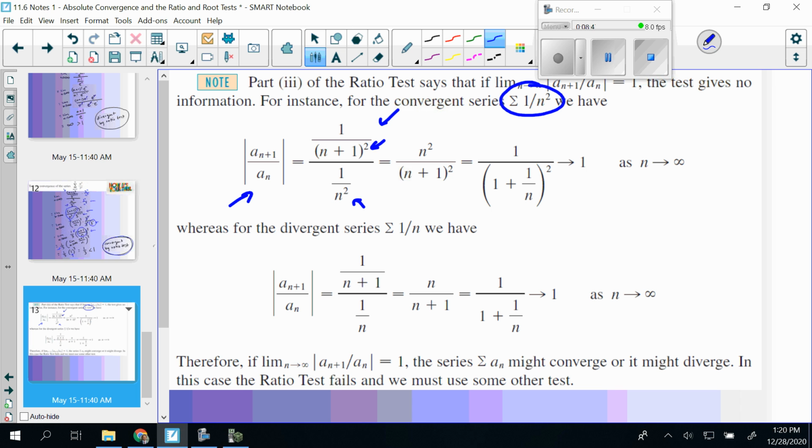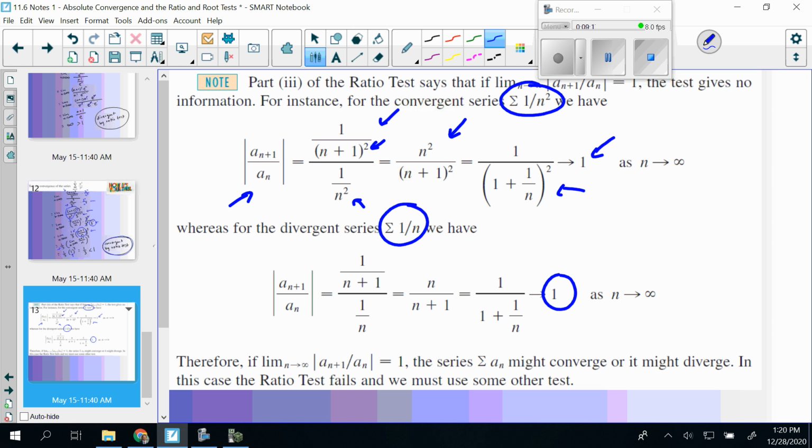If you multiply by the reciprocal of the denominator, that would give you this, which would be the same as if we multiplied by 1 over n, we would get that, which would just go to 1. So that goes to 1. Also, if we did it with the harmonic series, very similar, you can see that this also goes to 1.